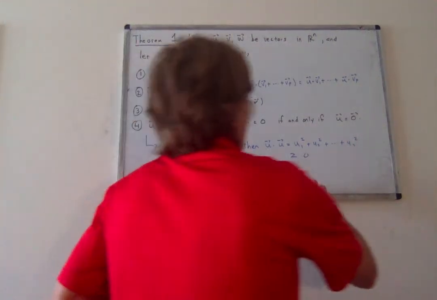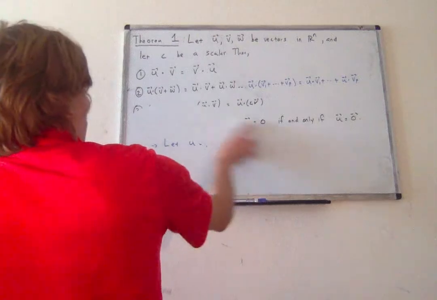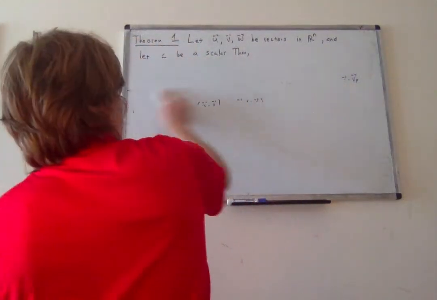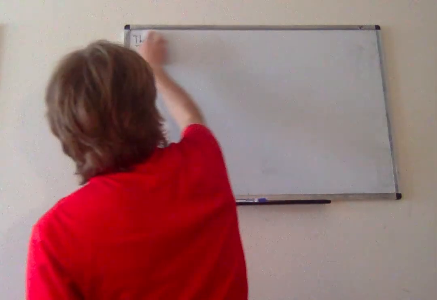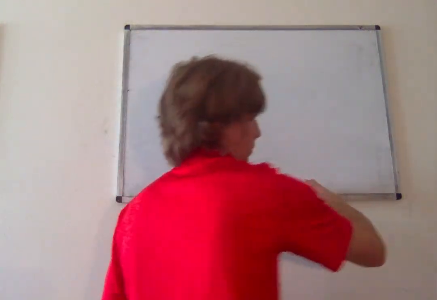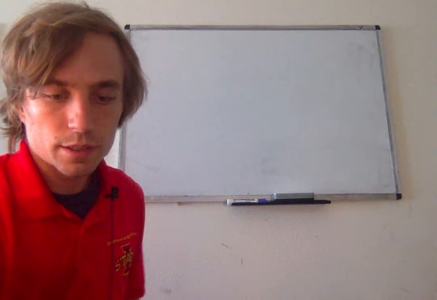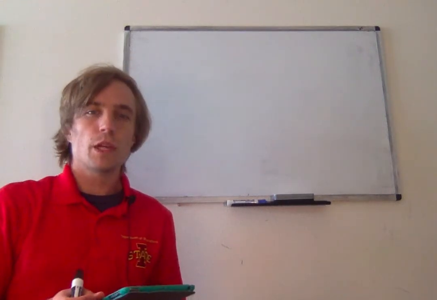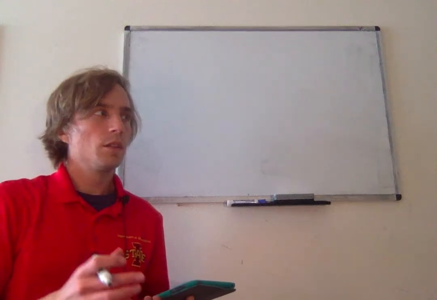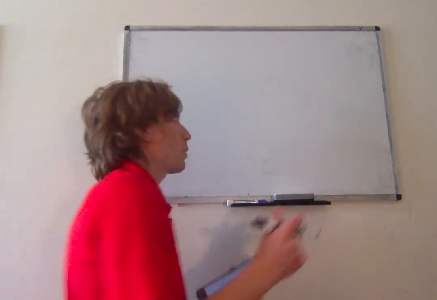So I want to first look at a vector in R2 and try and see if we can have some sort of geometrical meaning for what the dot product of a vector with itself might represent.